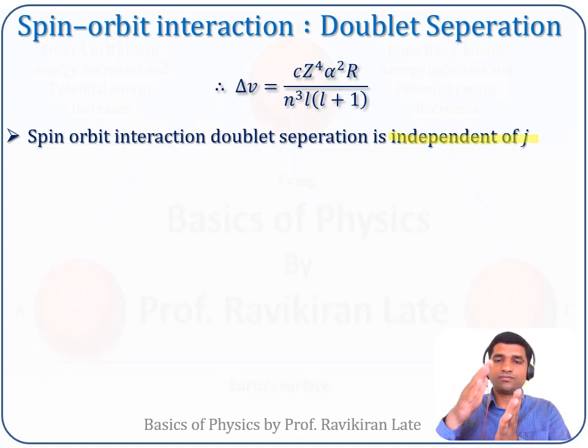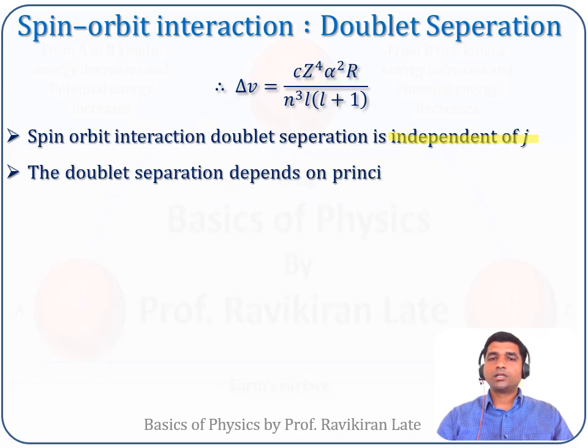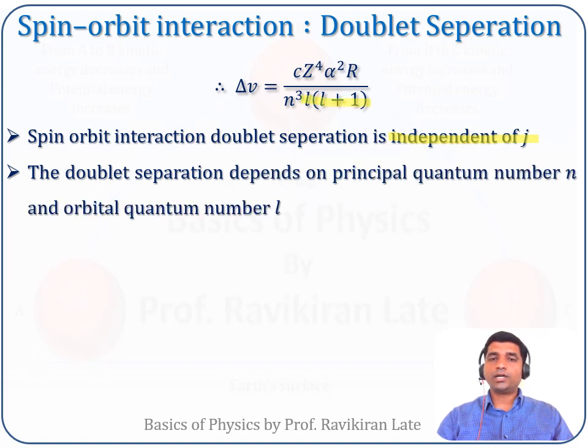The separation frequency between the two doublets of a hydrogen atom does not depend upon J, but it depends only upon the orbital angular momentum quantum number and the principal quantum number. This doublet separation depends upon the principal quantum number n and the orbital quantum number, that is small l.